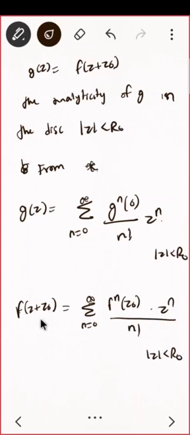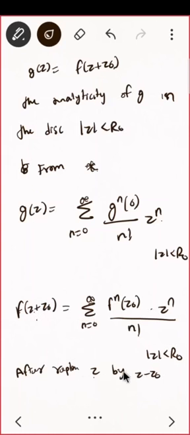Now if you want to write this as a single function f of z, you just have to replace z by z minus z0. Correct? After replacing z by z minus z0, you'll get this as f of z, and you'll get your formula.